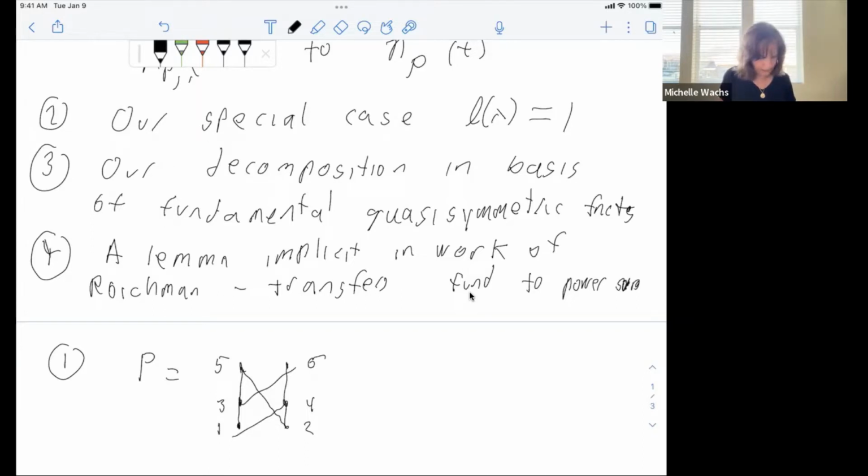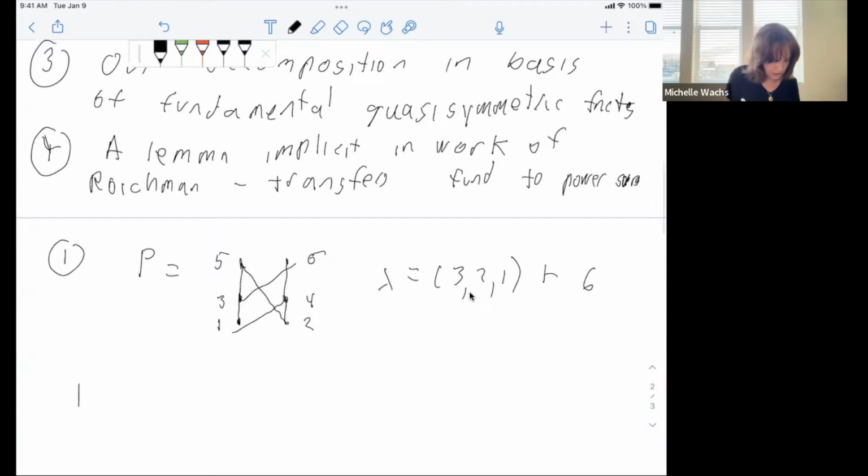And lambda, we'll let that be 3, 2, 1. So that's a partition of 6. So T, here's what we'll let T be. And we can check to see that each row has no P descents and there's no left to right P maximum. So this is in NP lambda.